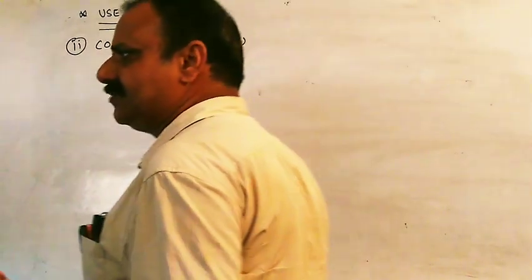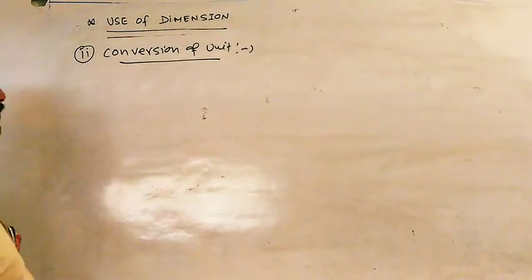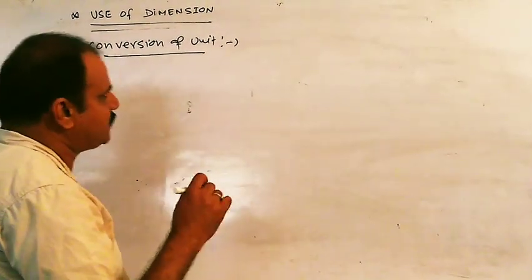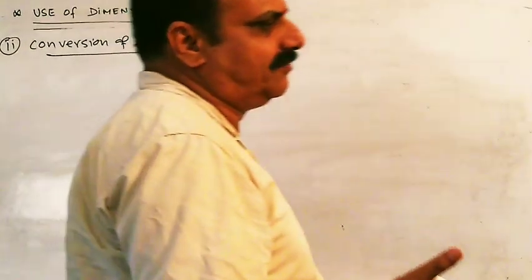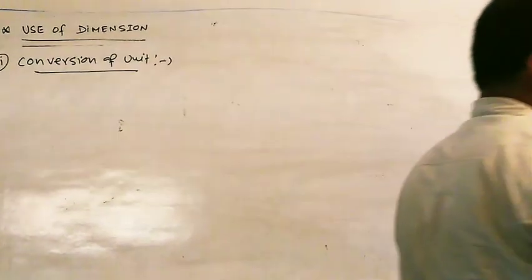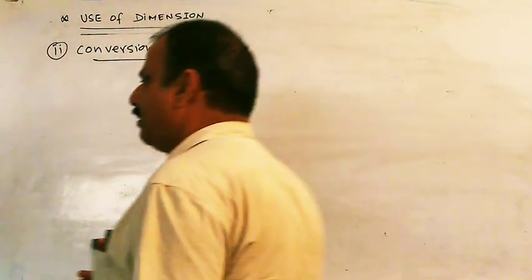That means in first system अगर कोई quantity force है तो दूसरे system में force ही होगा, energy नहीं हो जाएगा. So according to principle of conversion, if in any system its value is x, then in other system its value may be y, but quantity remains same.